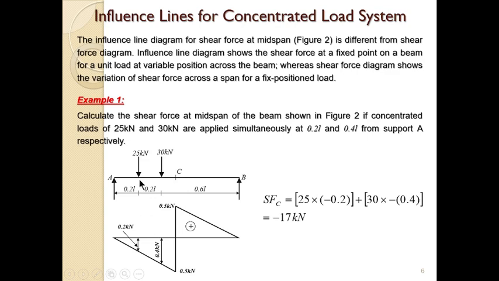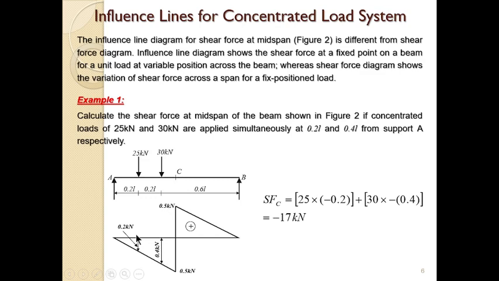So what we need to do, just under the load on the diagram, we compute the coordinate. I mark the length here. So if this place is 0.5, using similar triangles, considering this distance, this place will be 0.2 and this will be 0.4. So once we know that, to get the shear force at C, it will just be this 25 kilonewton load multiplied by this coordinate plus this 30 kilonewton load multiplied by this coordinate.